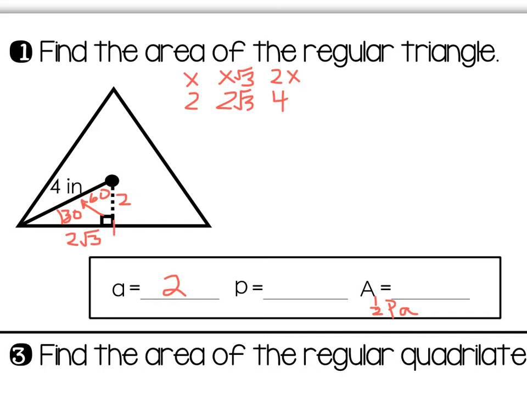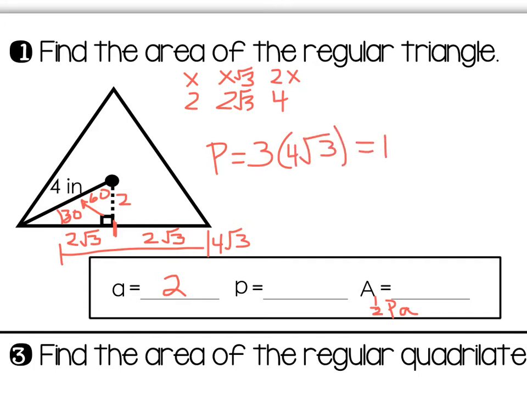Since these are regular, that means this is taking up half of that bottom. So then this part is also 2 root 3, which means that whole side is 4 root 3. And that happens 3 times. So my perimeter is going to be 3 for the 3 sides times 4 root 3 for each side. So 12 square root 3.